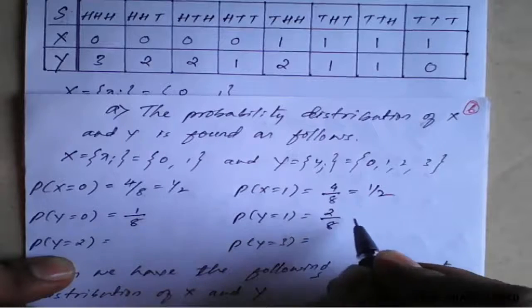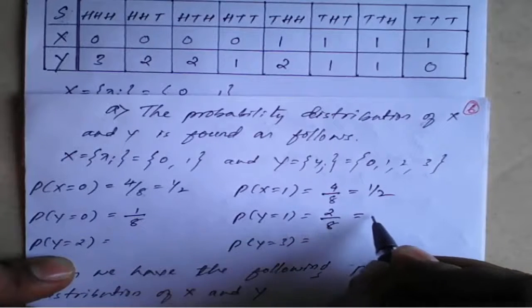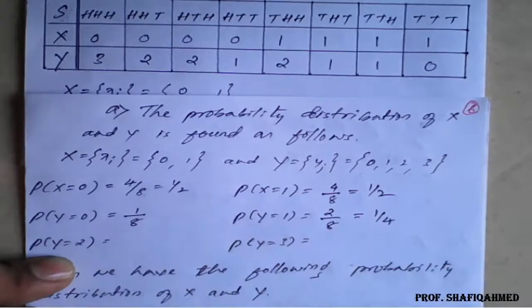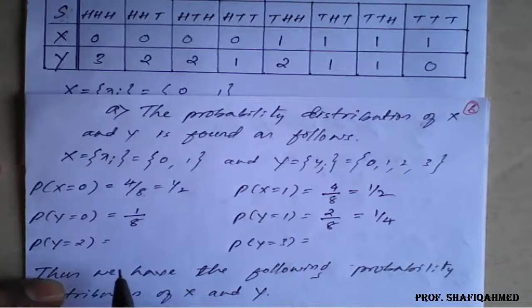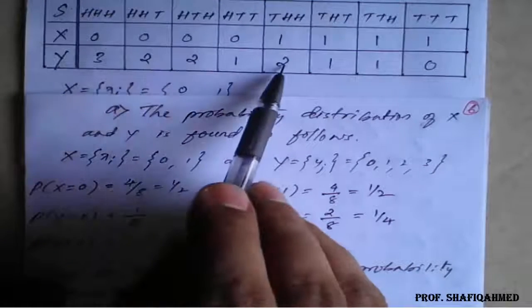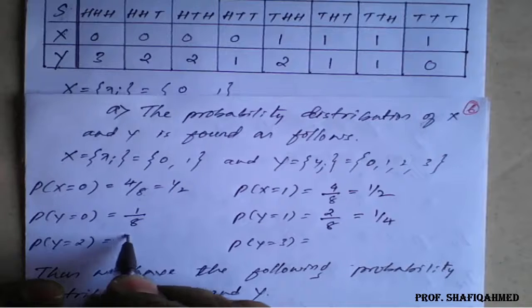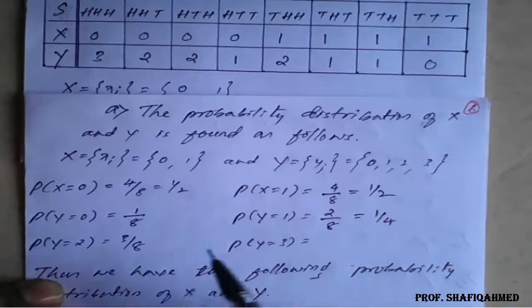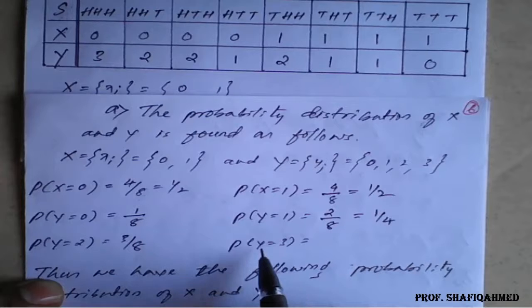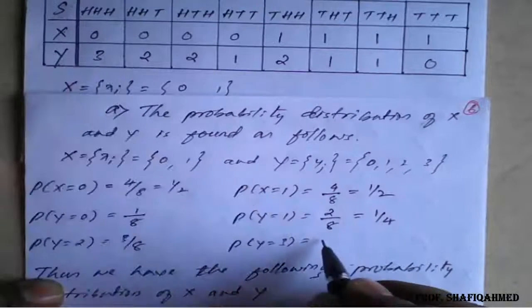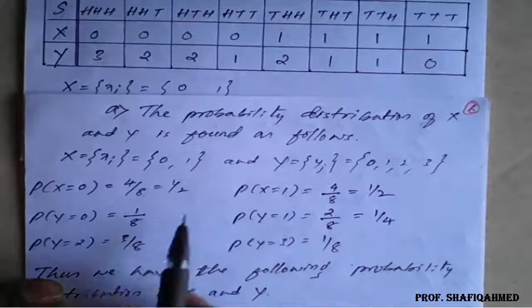So 2 upon 8, which is nothing but 1 upon 4. Next, y is equal to 2. How many are there? 1, 2, 3. So out of 8 we have 3, that is 3 by 8. And similarly, y is equal to 3. We have only 1, so I will write 1 upon 8. So this is a probability.